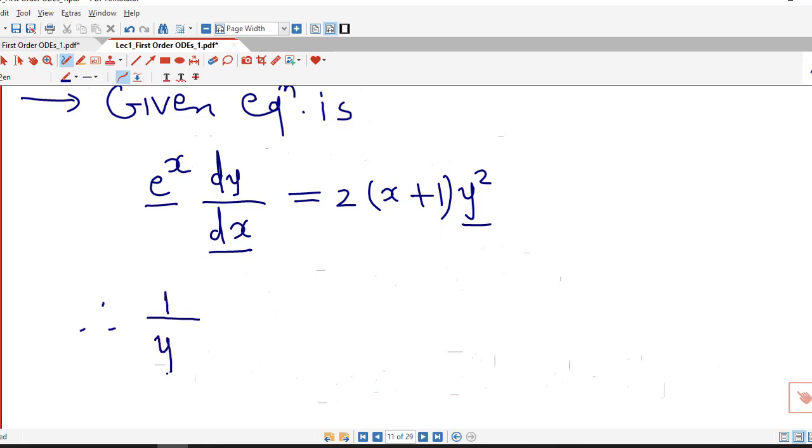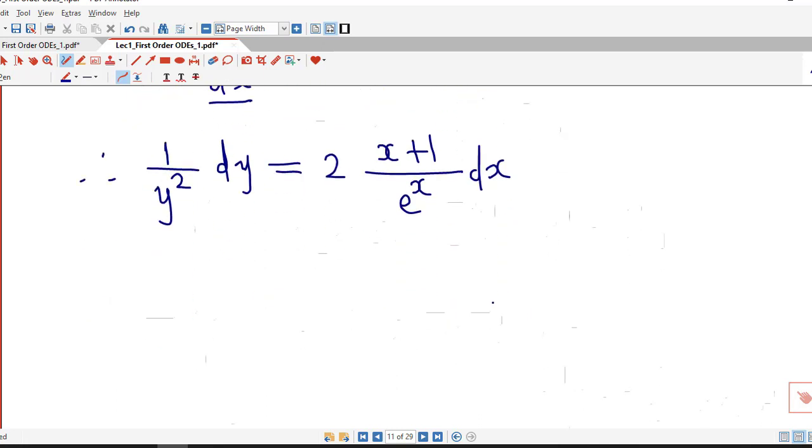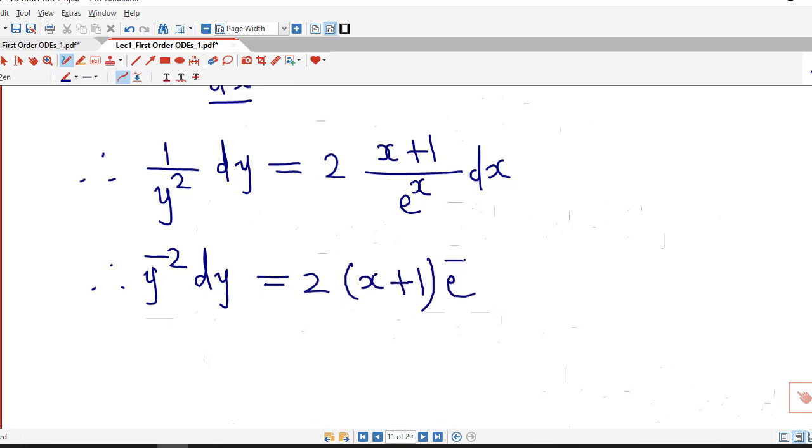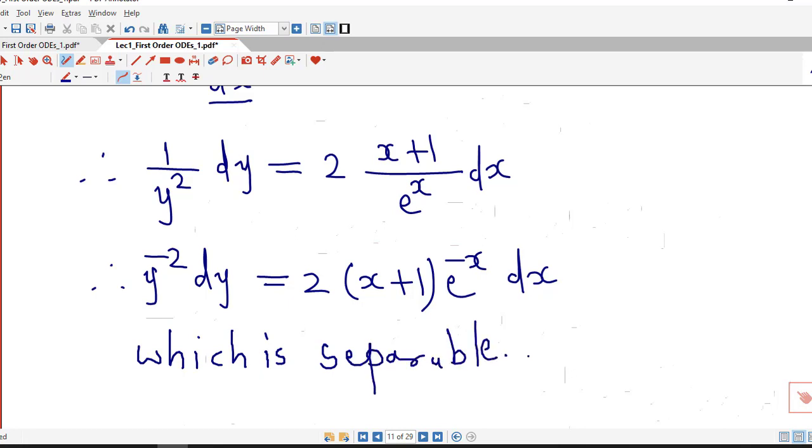So we have 1 by y square dy equal to 2 times x plus 1 divided by e raised to x dx, and this we can rewrite as y raised to minus 2 dy equal to 2 times x plus 1 e raised to minus x dx. So this is also separable, so we have to integrate.